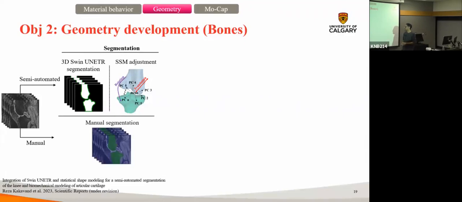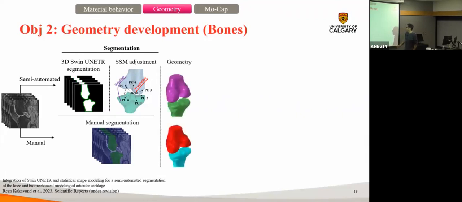And from manual segmentation, we have manual segmentation of femur and tibia. We get the geometry of the bones from both sides. And we did the manual smoothing and repairing and cleaning of the geometry in MeshLab.